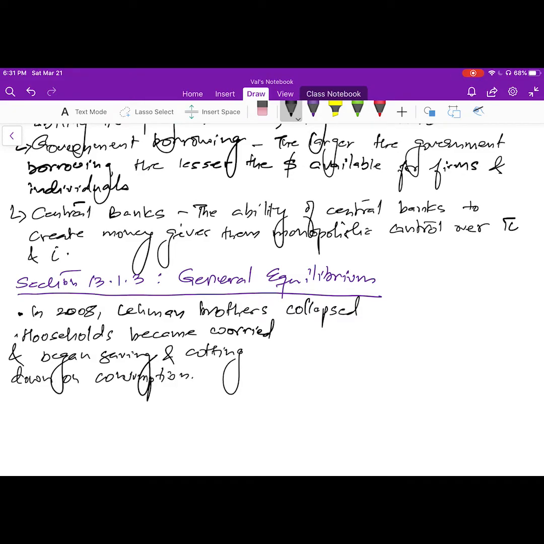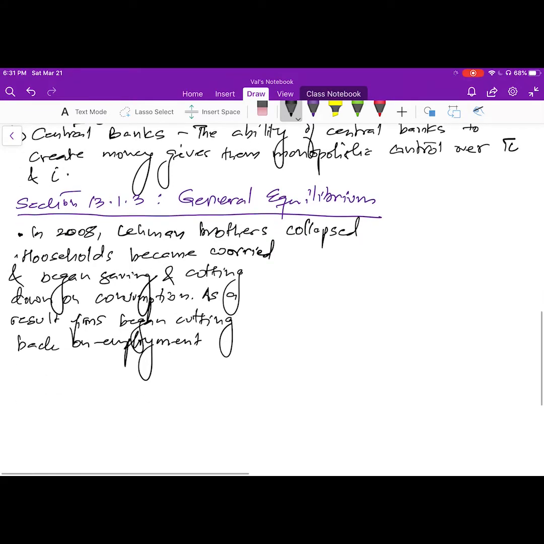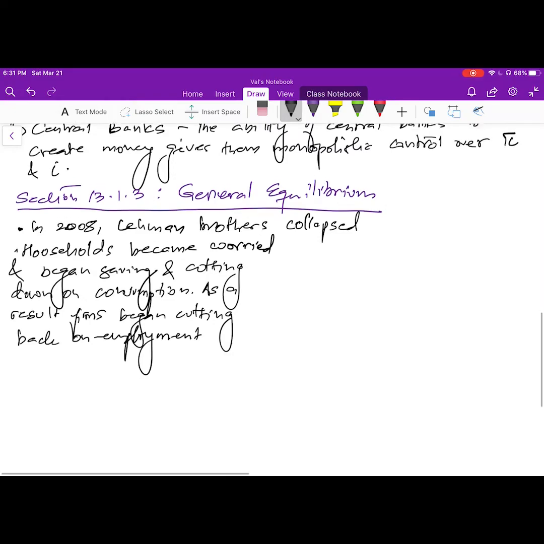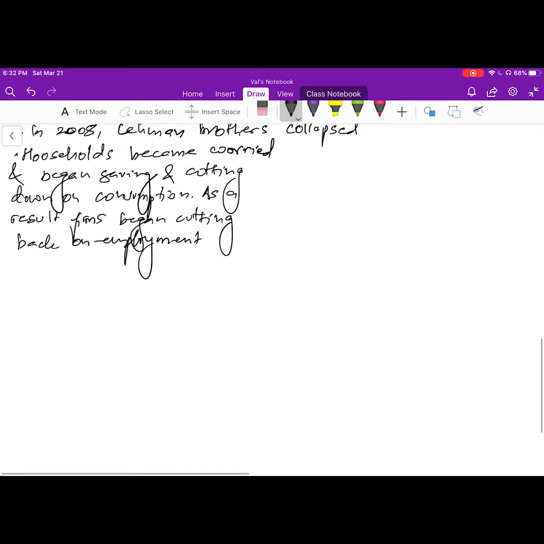As a result, firms began cutting back on employment. Right? And let me draw a graph here real quick to show you this impact.